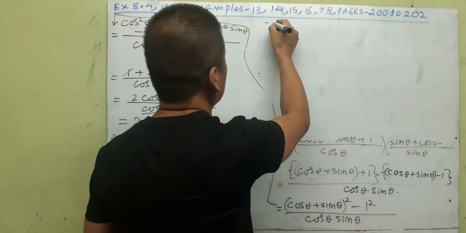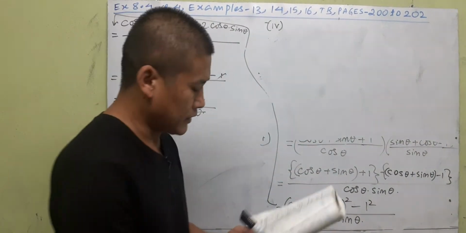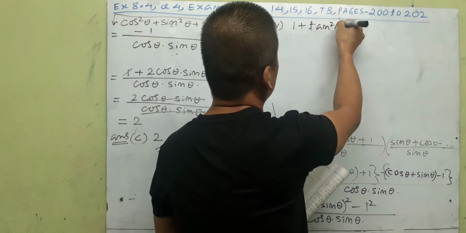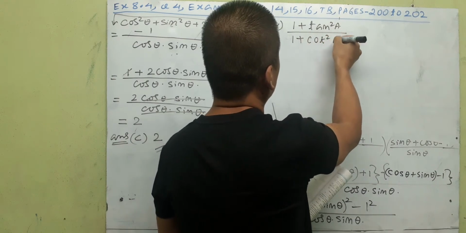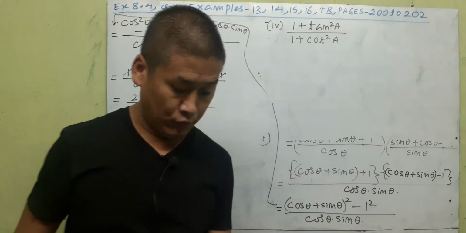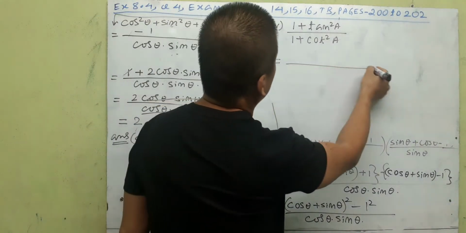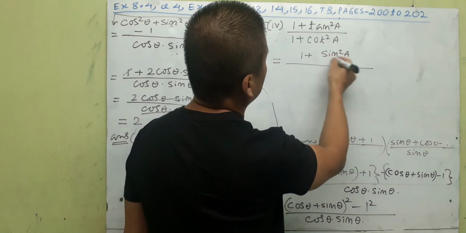Question number 4: 1 plus tan square A by 1 plus cot square A equal to what? We have to find out which answer choice it matches. So let us change everything into sine and cos. That is one best way of simplifying it.